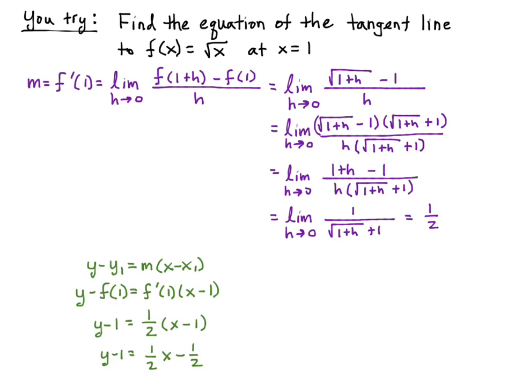The 1 next to the y is because f at 1 equals 1. This 1 is because that's our value of x. Then we simplify that and we get our equation.